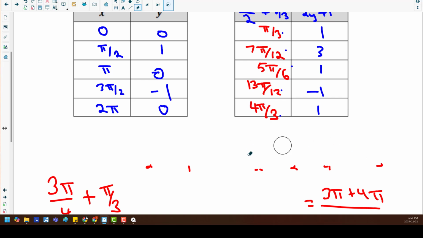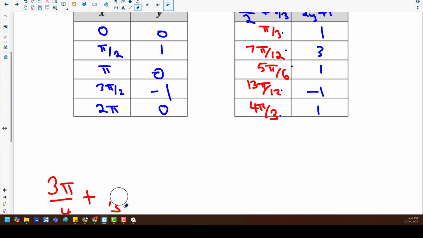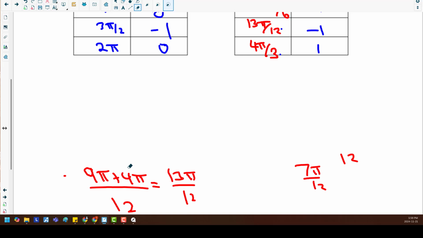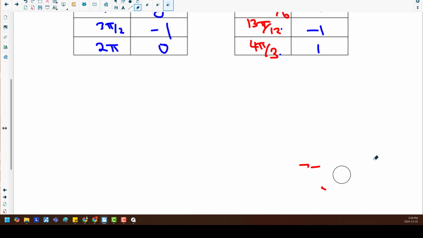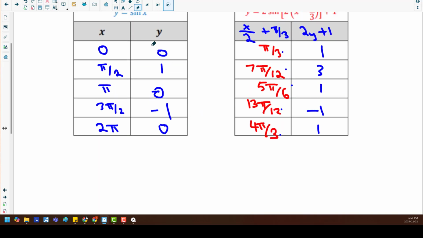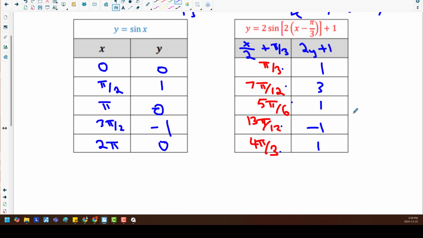But okay, let's graph this. Pi over 6, 2 pi over 6. So it really depends on your scale.